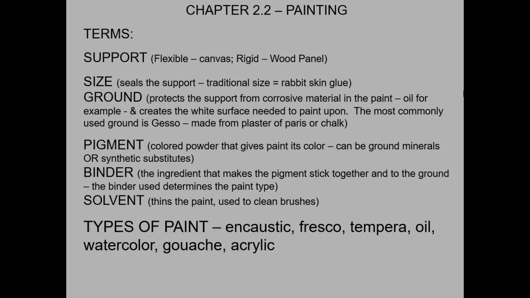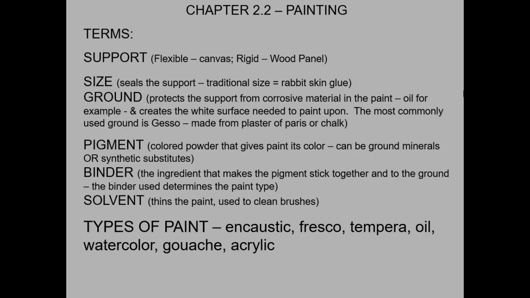They're also less likely to warp or to crack, and the flexible support canvas can respond to changes in humidity and temperature and moisture in a way that wooden panel is just too rigid to do. Flexible support can also be removed from its stretcher system and rolled to make it easier to transport or to store. So there's a lot of advantages to working on a flexible support.